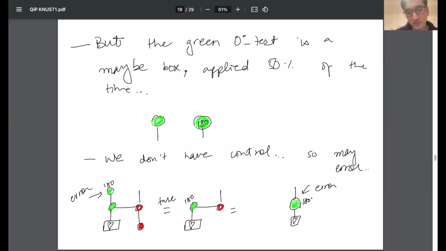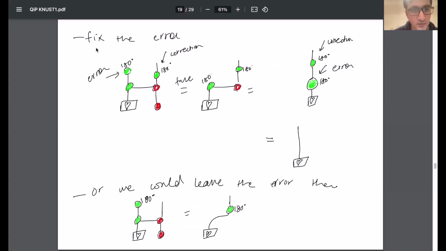This error is again a unitary. We can apply its inverse to counteract its effect. So how do we fix the error? We apply this 180 degrees spider, the green spider here. After spider fusions and simplifying the diagram, we get these two spiders together, and these two spiders cancel out. So we get the desired outcome.